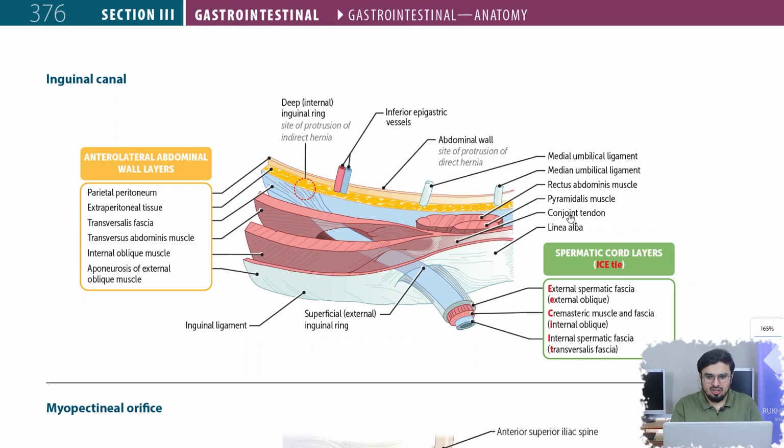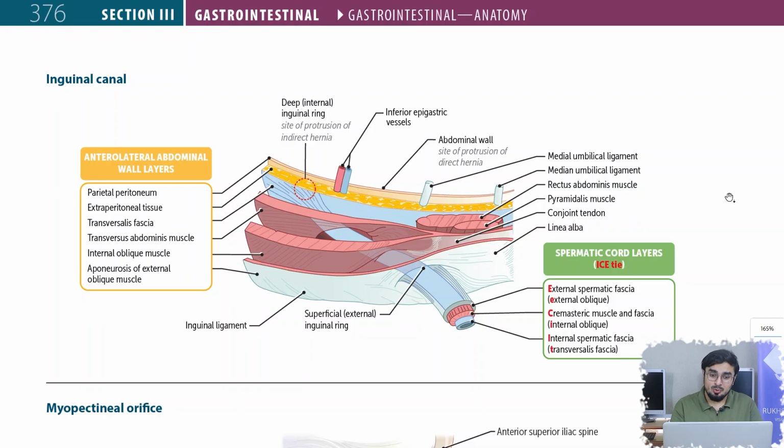Here you can see the conjoint tendon that is formed by the combination of the aponeurosis of internal oblique muscle and the transversus abdominis muscle. Transversalis fascia is going to stay posteriorly further. Now for USMLE Step 1, you need to know about the deep inguinal ring and the superficial inguinal ring. Why is this important?